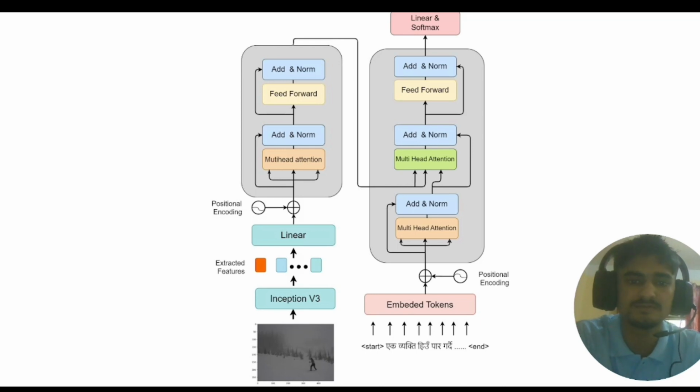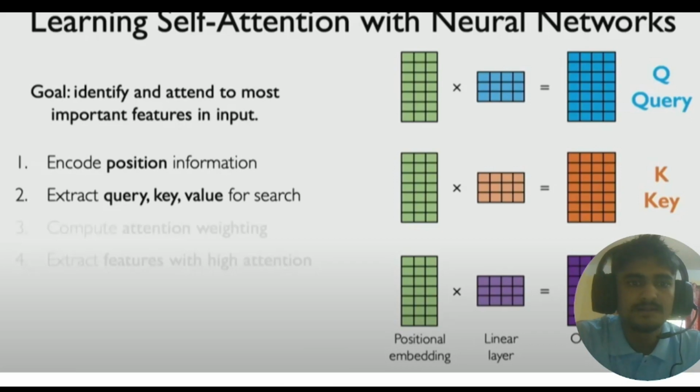Before talking about the actual implementation of each layer, let's understand how single head attention works. Self-attention basically has three parameters: query Q, key K, and value V. When the positional encoding obtained from the text or the image is passed to a linear layer, the Q matrix is obtained, and similarly the K and V matrices are obtained.